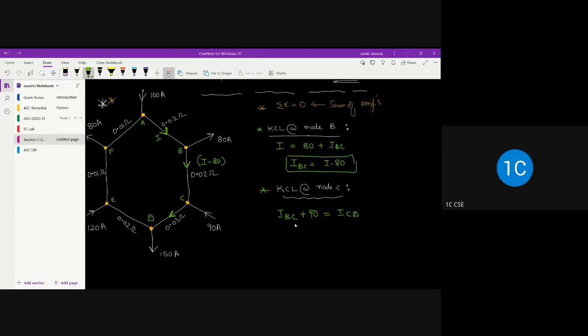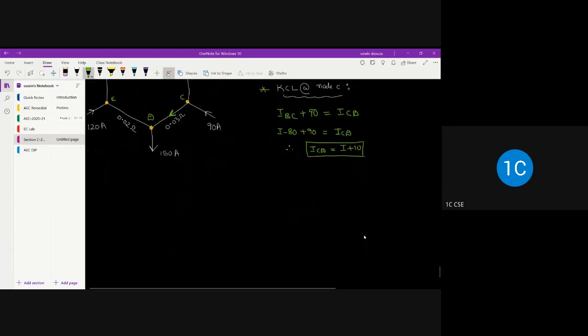But what is IBC? IBC is I minus 80, plus 90 is equal to ICD. Therefore, ICD is equal to I plus 10. Let us highlight this: I plus 10.